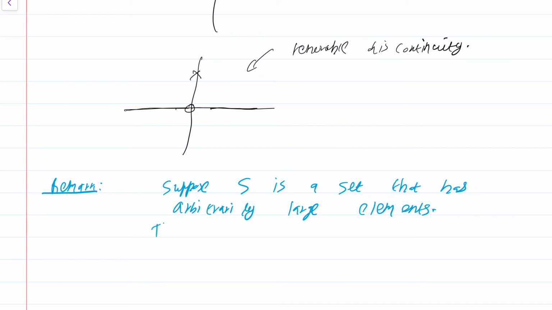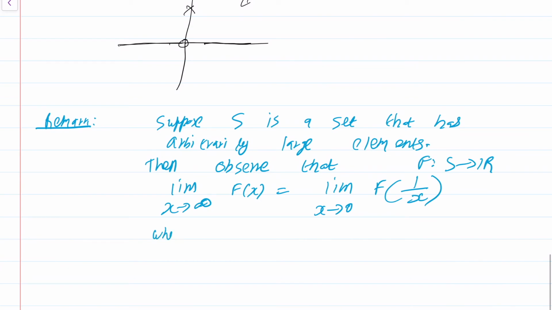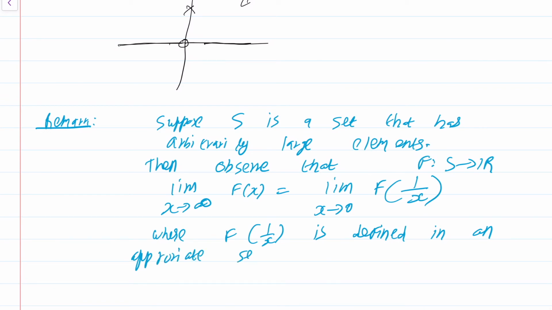Then observe that limit x going to plus infinity of f of x, where f is a function from S to R, is actually nothing but limit x going to 0 of f of 1 by x, where f of 1 by x is defined in an appropriate set with 0 as a limit point.